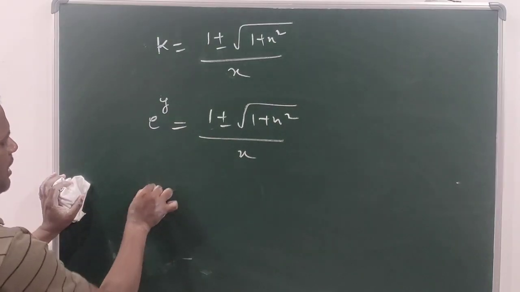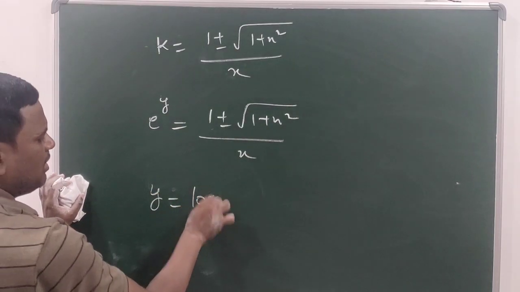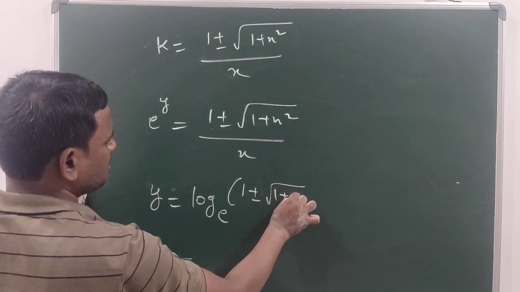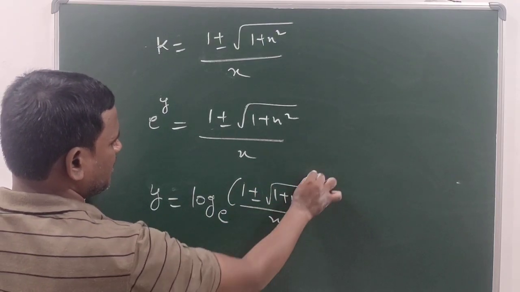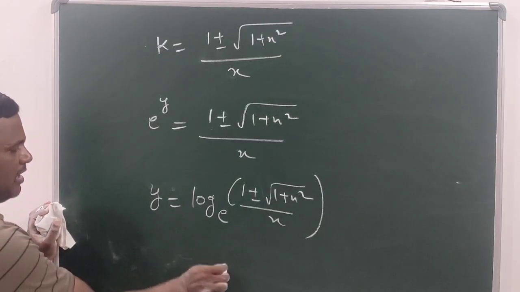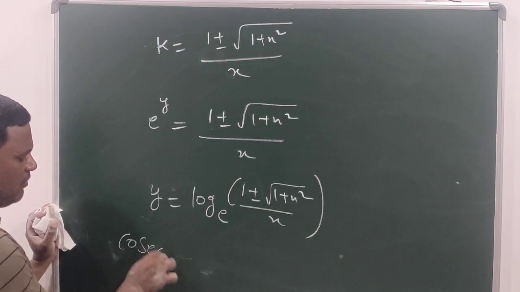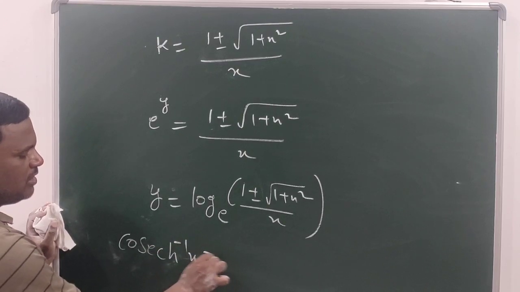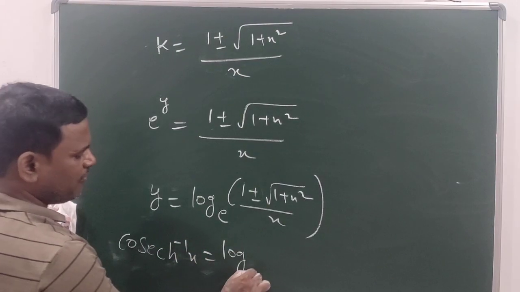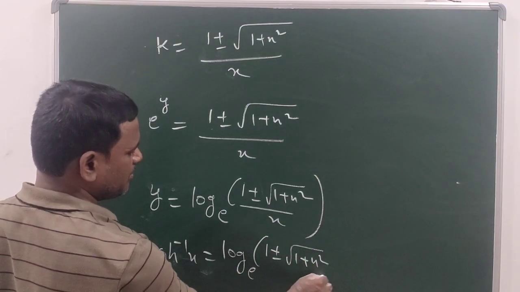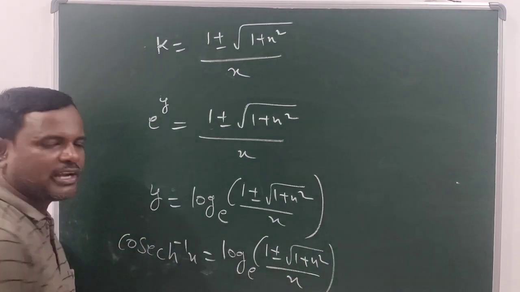Now transfer e to the right side, so you get log e of 1 plus or minus root of 1 plus x square by x. So cosech inverse of x equals log e of 1 plus or minus root of 1 plus x square by x. Now here you may get a doubt.